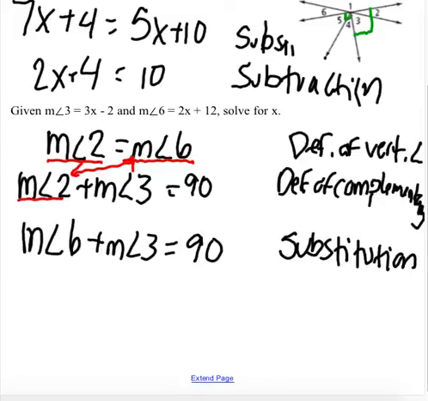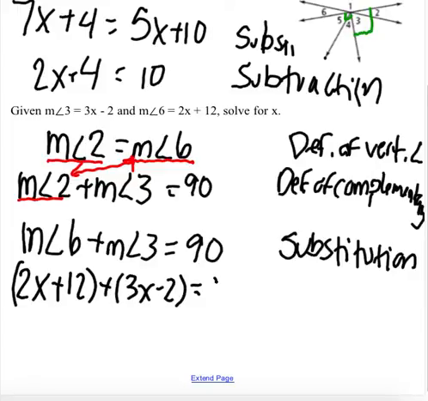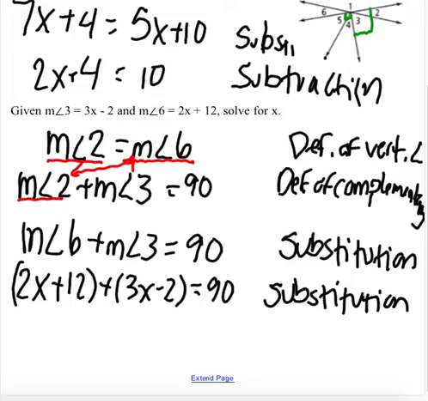Okay, and then now we are just to where we've been before. Measure of angle 6, 2x plus 12. Measure of angle 3, 3x minus 2. And that is substitution again. And now we're just going to simplify. 5x plus 10 equals 90.